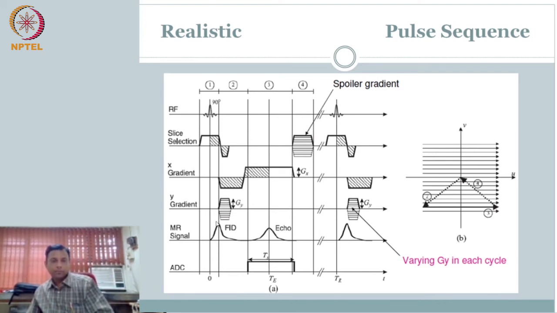Okay. Then what you notice is after slice selection I did the y gradient, after the y gradient I did the x gradient. Correct? And then I had a switch here. But now notice that I have essentially put everything at about the same time, right?